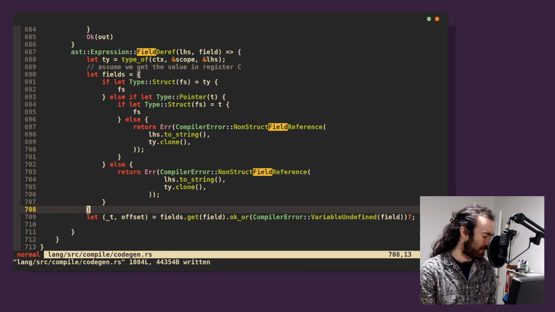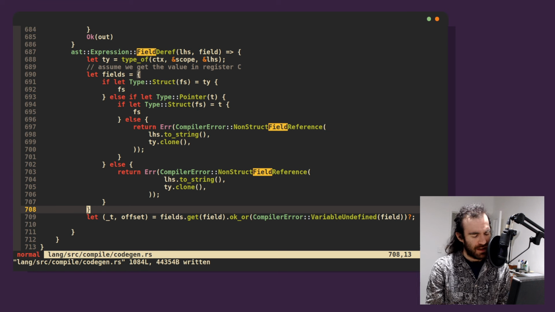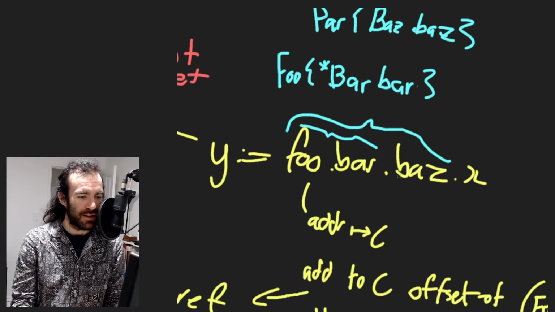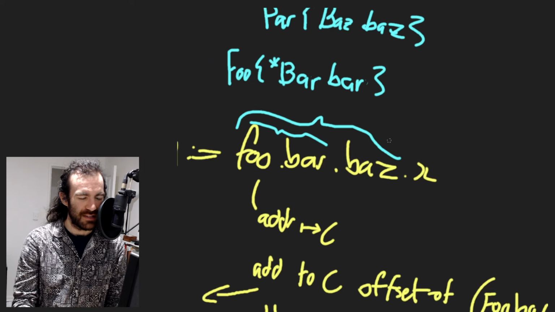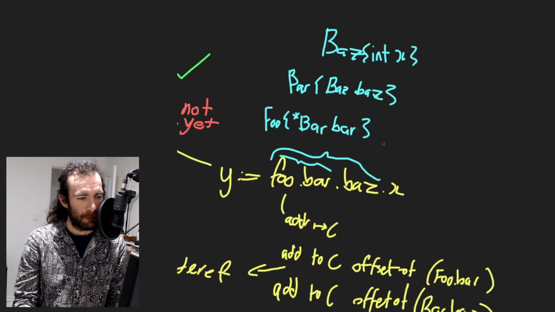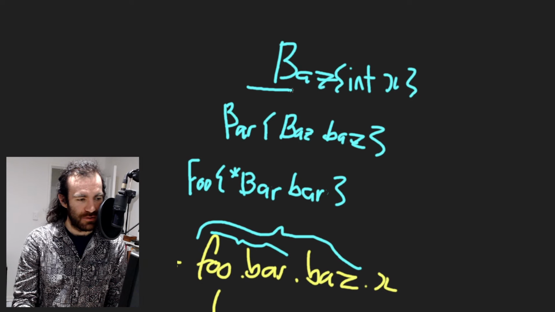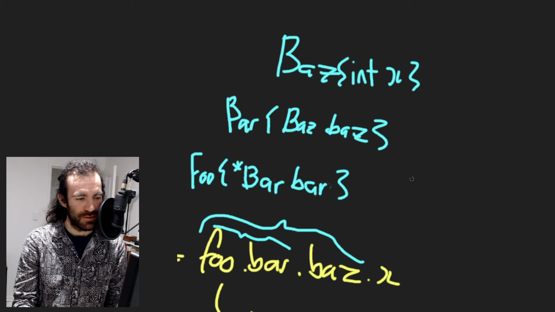You can't field dereference something that's not a struct. Then we get the offset of the field. So I need to go back to my picture here for a second. So we've done this bit. What's in the C register is, in this instance, a pointer to the start of a baz. So all we have to do is add to it.